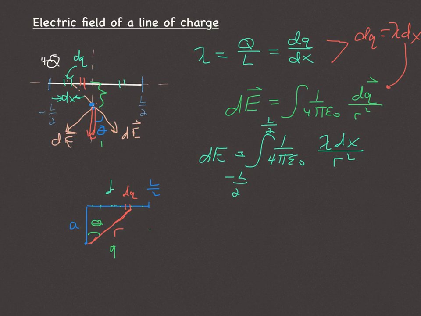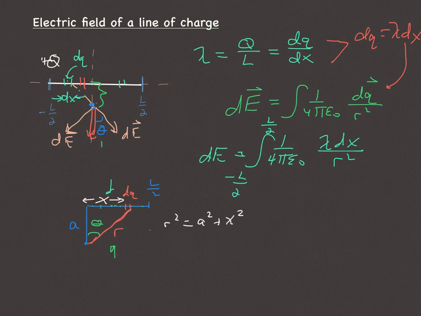So let's look at that triangle here. We want to get r in terms of the horizontal distance and a, and we can do that using the Pythagorean theorem. So we know that r squared is equal to a squared plus x squared.